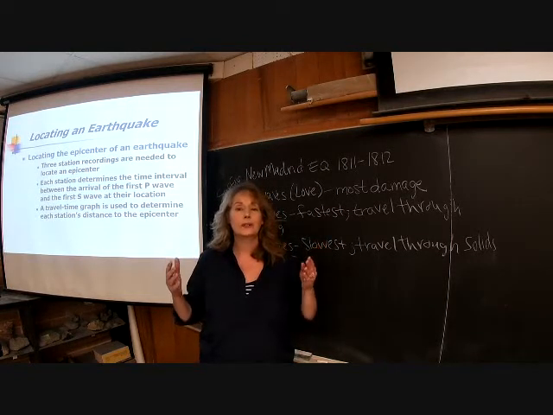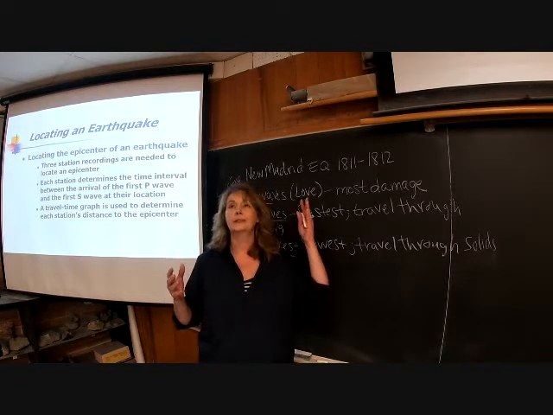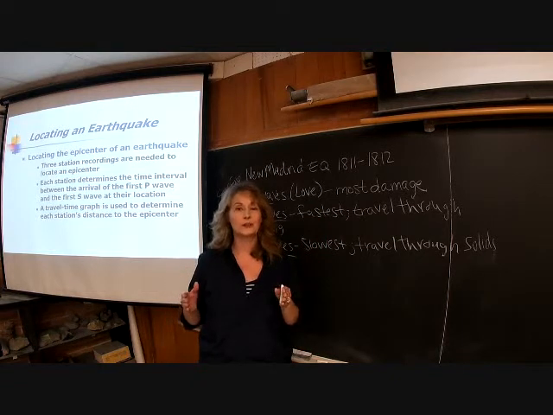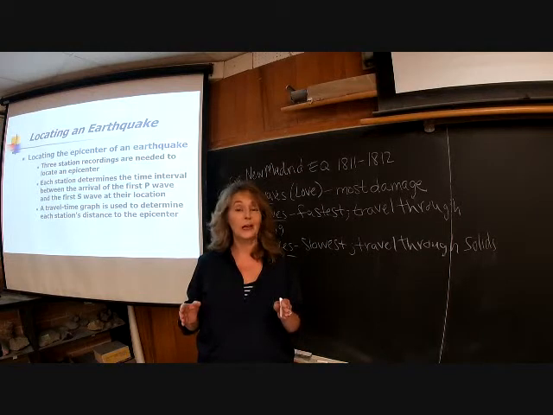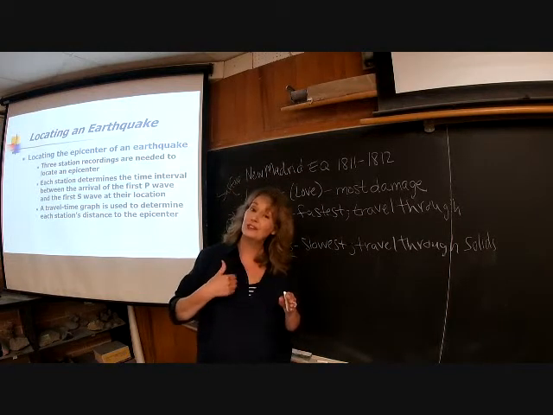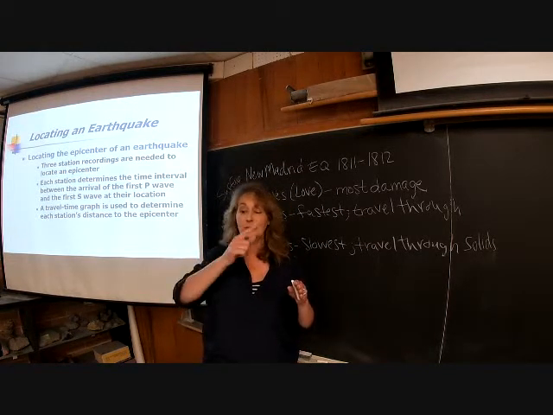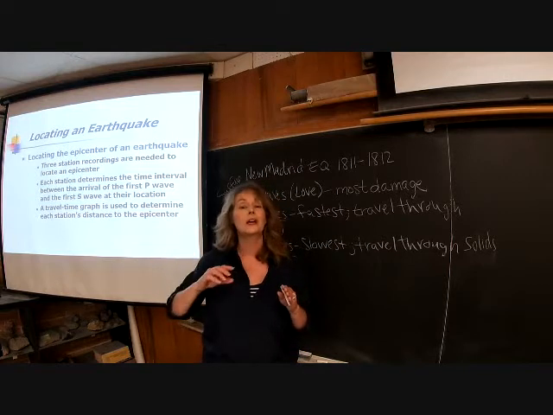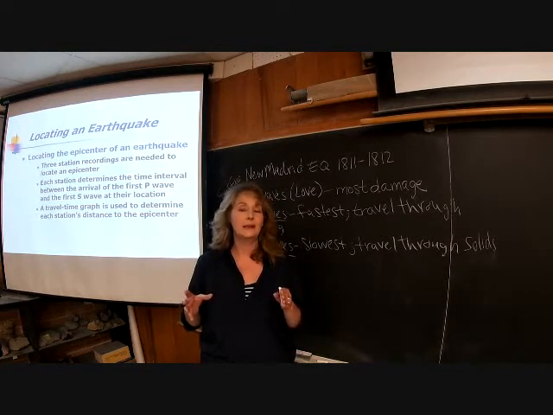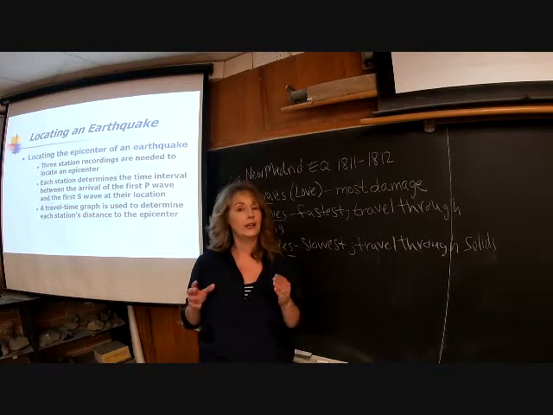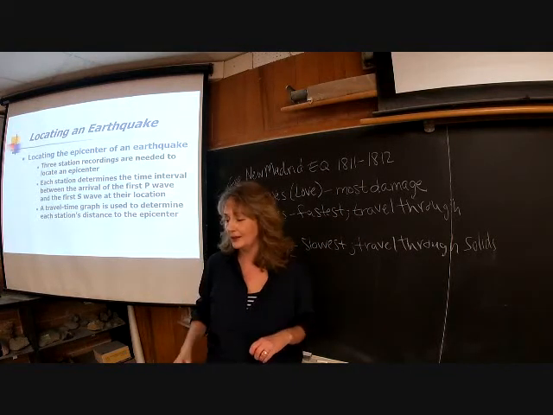It might tell us it's 1,000 miles or kilometers, whichever distance unit they use, away from our station. It doesn't tell us in what direction, but it gives some sort of radius around our station. Each of the other stations will also get a distance around them.